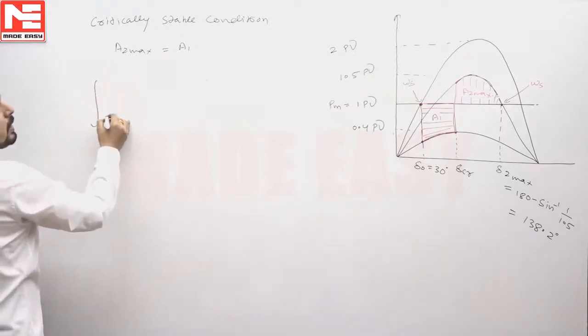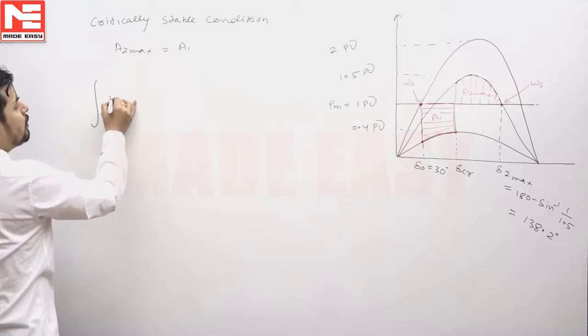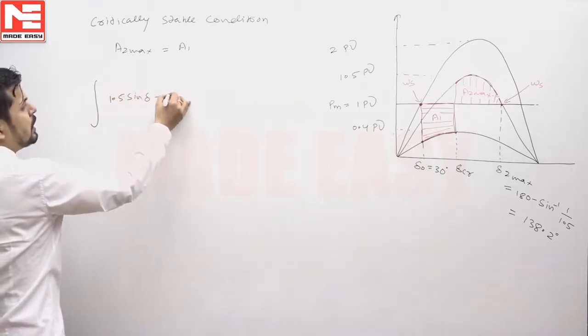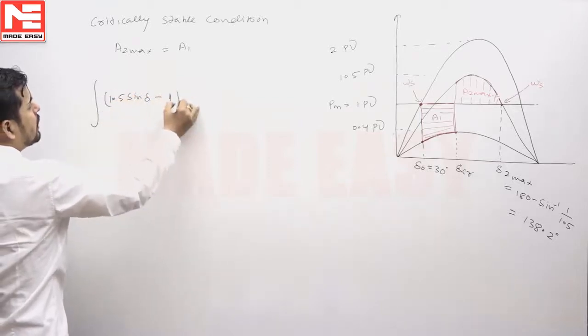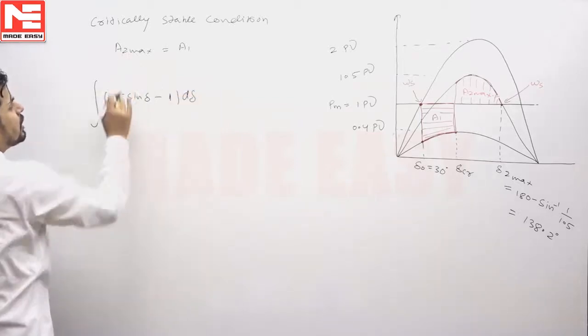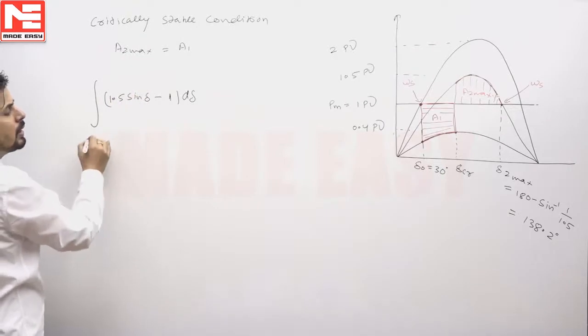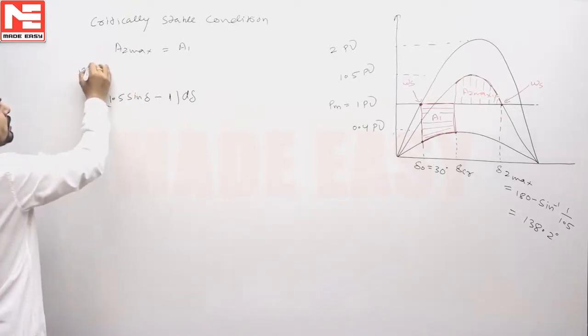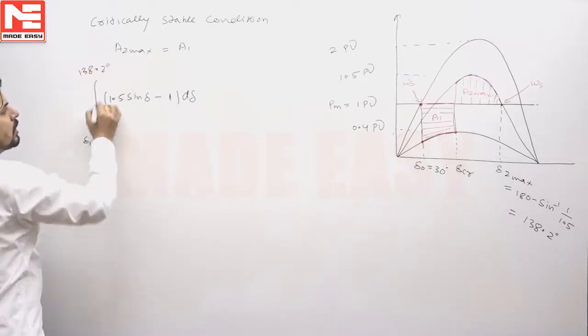What is this A2 max? It is simply the integral of 1.5 sin delta minus 1, that is PE minus PM, d delta. To find this A2 max we will integrate from delta CR to delta 2 max, which is 138.2 degree.